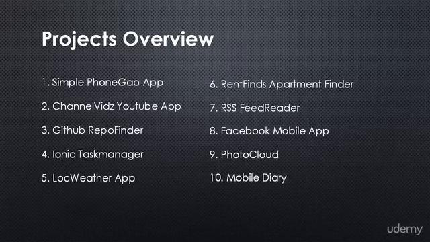Projects overview. So the first project is going to be a very simple PhoneGap app. It's basically going to be just kind of a static website with a home page, an about page, and a contact page. The point of this application is to just get you all set up with your environment and the different kinds of things that you need to install, Node.js, NPM, PhoneGap itself, things like that.